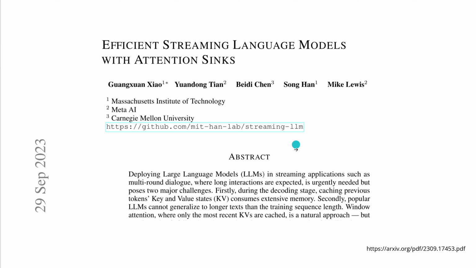Now, they say that there's a problem because caching the previous tokens' key and value states consumes extensive memory in our LLMs. And as I told you, LLMs cannot generalize to longer text than their original training sequence length.